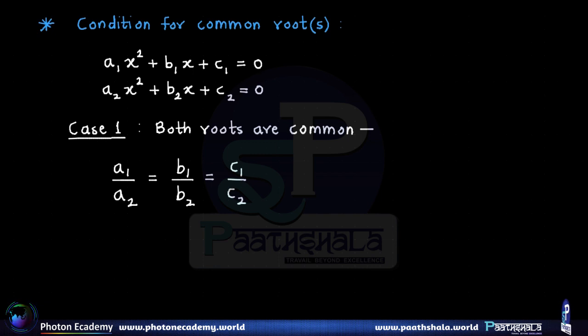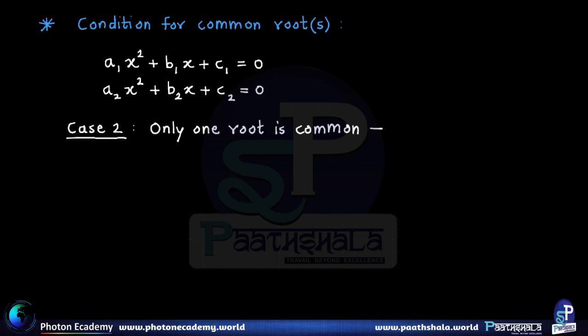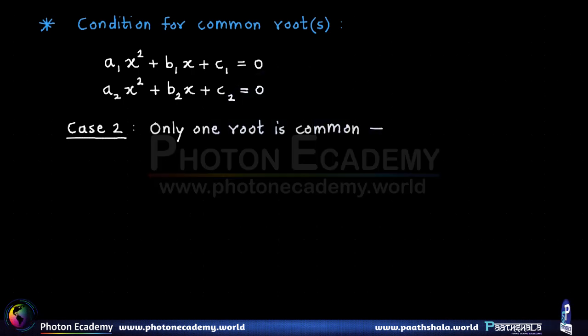Now let's go ahead and see the second case where we may have only one root common between the two equations. So the other roots of those two equations are not the same. So now here what do we do is, let's say that particular root we denote by alpha.